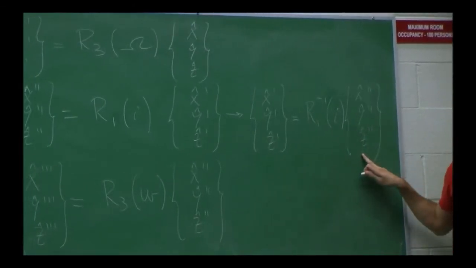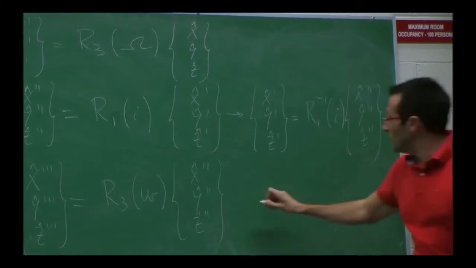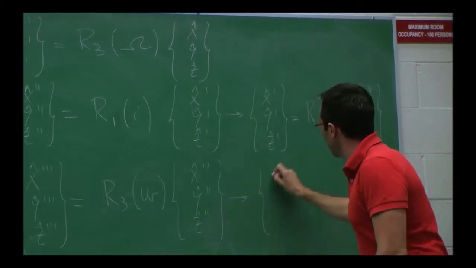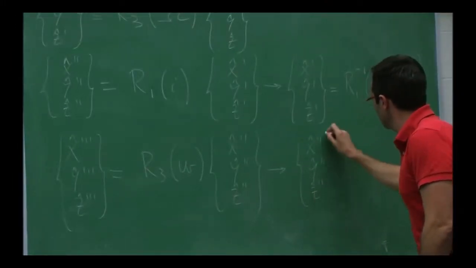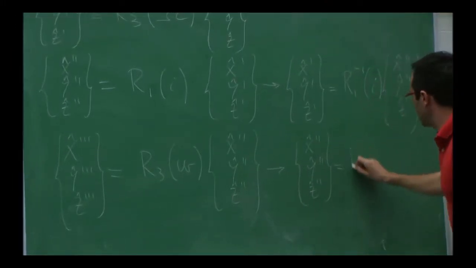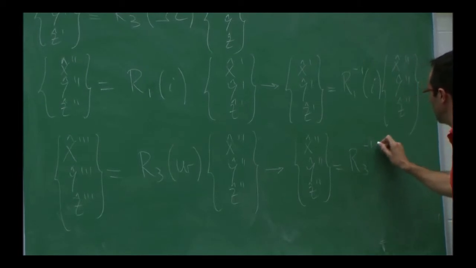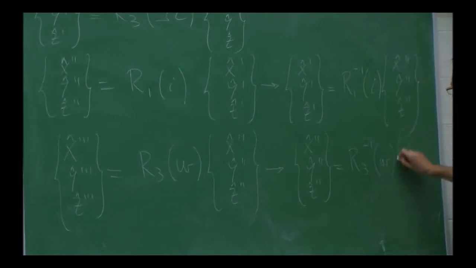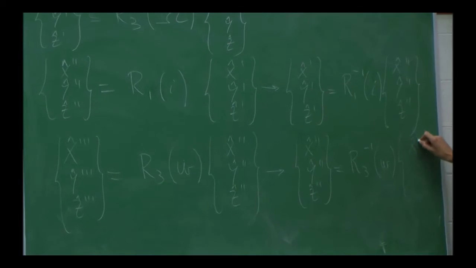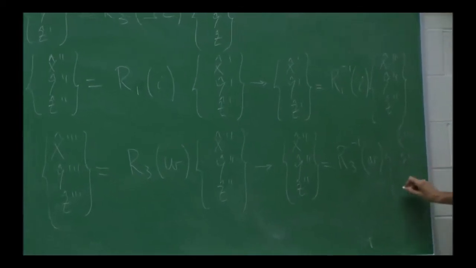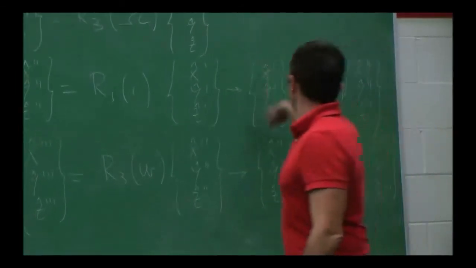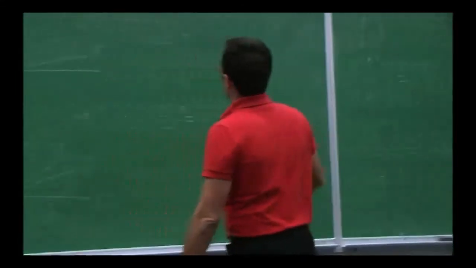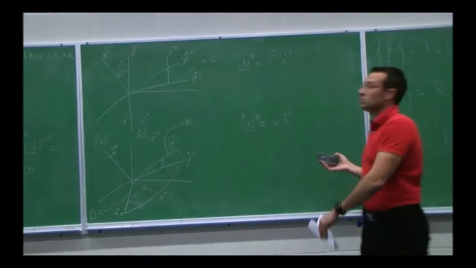multiplying the basis with the second. What about this one? I can invert it as well. It's the same, R3 inverse of little omega, multiplying the basis which is in B. So I do have a way to go from this to that. Can I erase this in between?